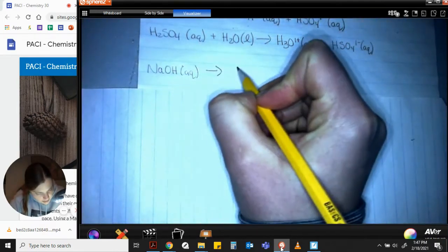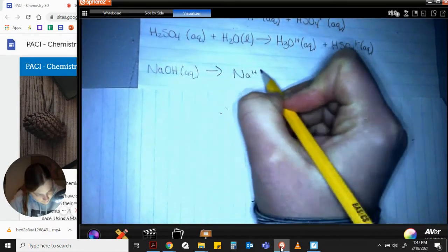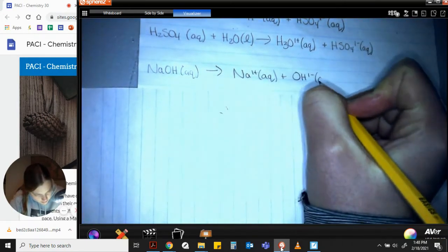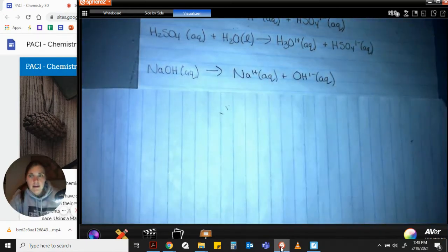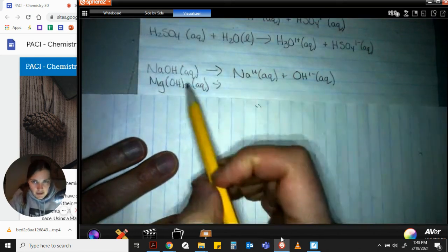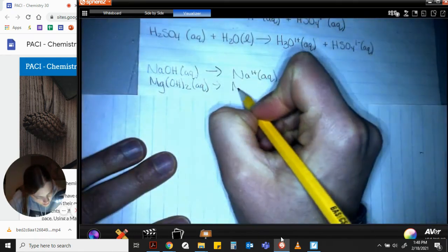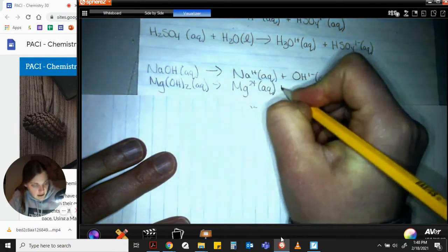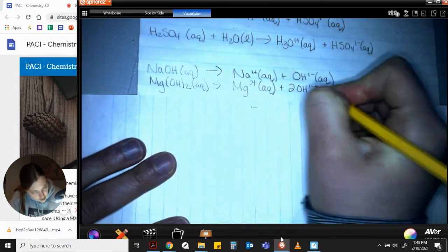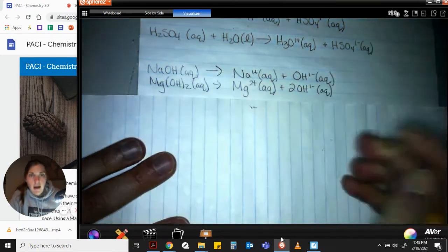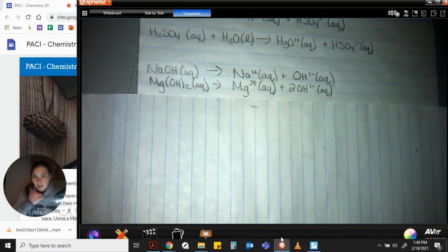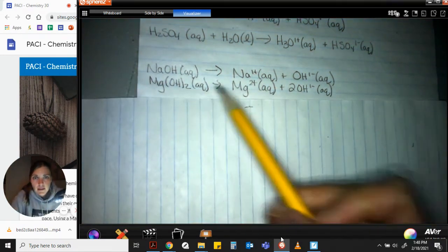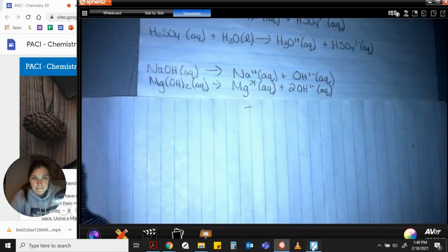This would end up dissociating into a sodium ion and our hydroxide ion. Okay, so another example, if we've got magnesium hydroxide, this can dissociate into a magnesium ion, and then we're going to end up with 2 hydroxide ions that are completely dissociated apart. So this is a little bit different than the acids that we had seen. So anytime that we've got a base, we can completely dissociate that.